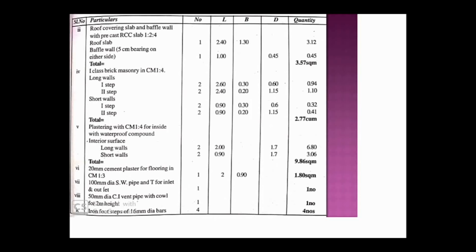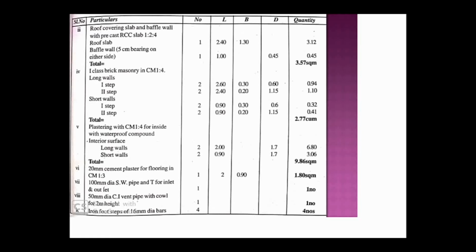So here you can see, as I told, when you are going to find out the roof slab, number is 1, the length is 2.4 and then breadth is 1.3 as we already calculated, right? If you multiply those, you get 3.12 as the quantity, that is in square meter.